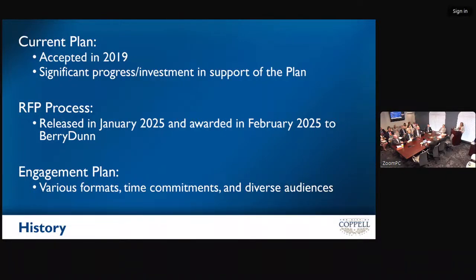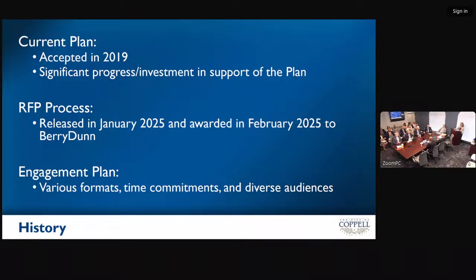We knew that we were going to do a 5-year check-in, and so in January 2025, we released the RFP, and then in February, the council awarded that RFP to Barry Dunn to help us with the facilitation services with our community. Since February of 2025, we have been working with Barry Dunn to develop the engagement plan that I am about to unveil to you today.